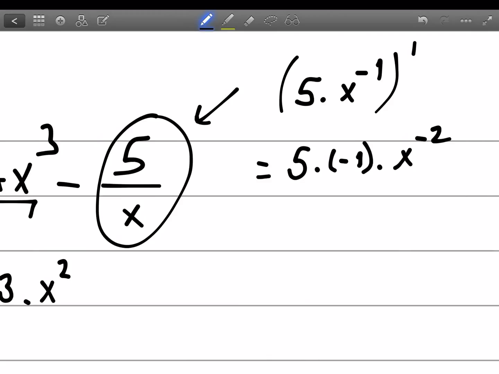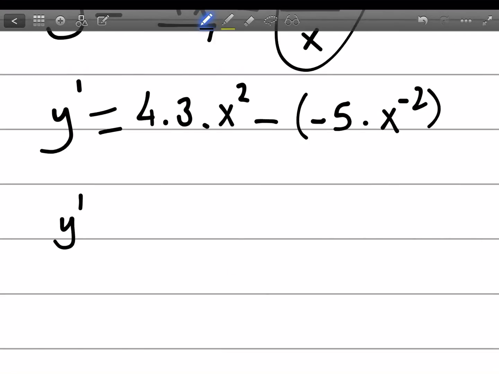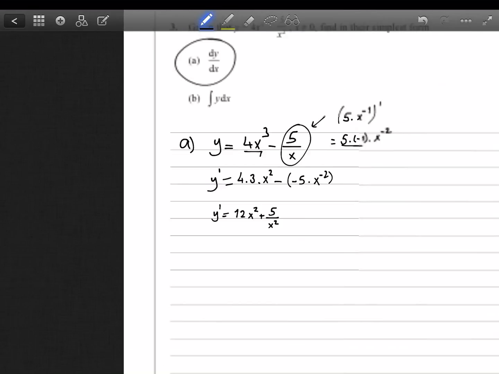That will be minus 5 over x squared, and with the minus already in front, times minus 5 times minus 2. Then the derivative of y is 12x squared plus 5 over x squared. That's done.